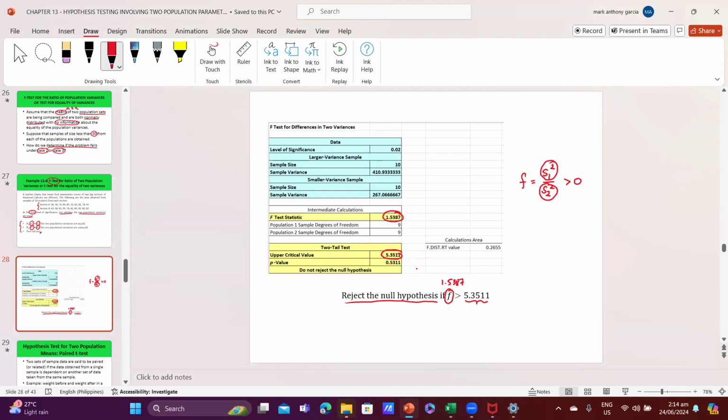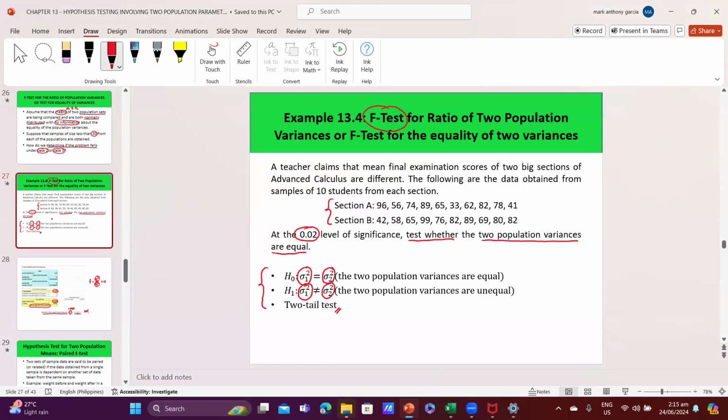1.5387, which is not greater than 5.3511. So our decision here is, do not reject the null hypothesis. If we don't reject the null hypothesis, that means our conclusion is that the population variances of the two populations are equal.